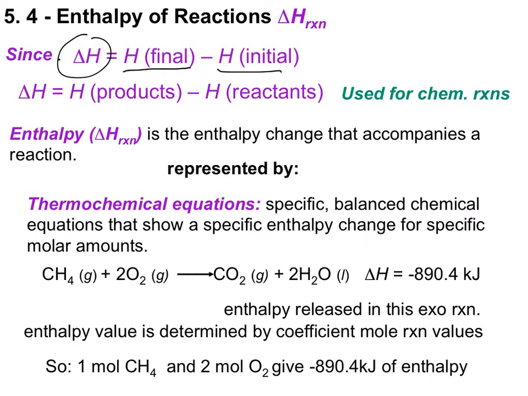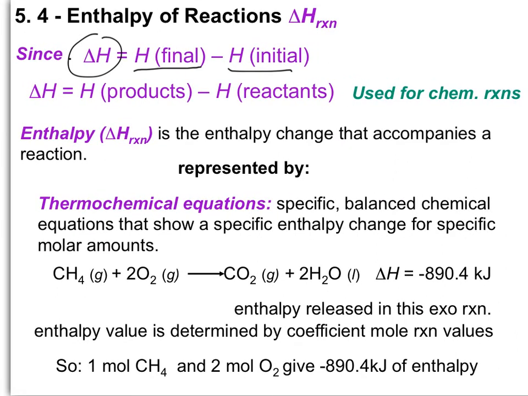In chemical reactions, we can look at enthalpic values of reactants and products and use those to calculate our delta H: the products, which are your final result, minus the enthalpic value of your reactants. This allows us to figure out the heat of a reaction, the enthalpy change when you go from a specific reactant set to a specific set of products.